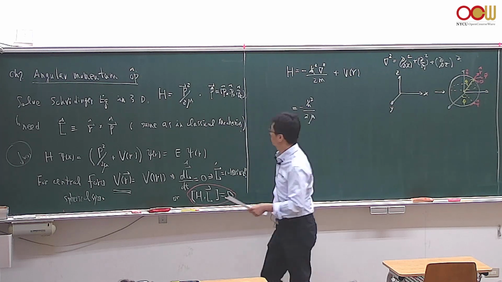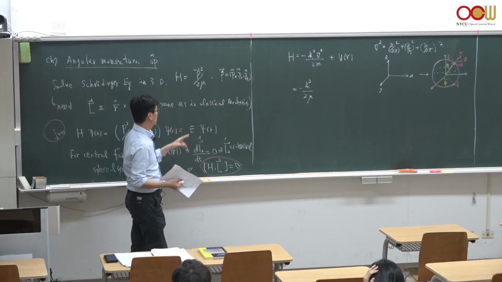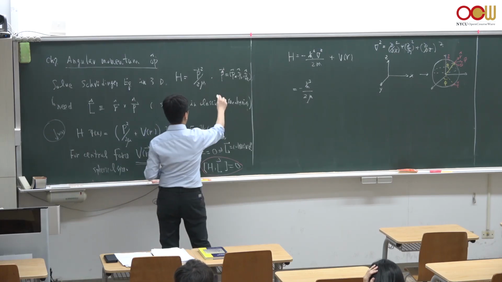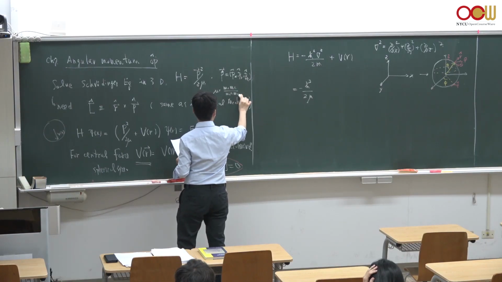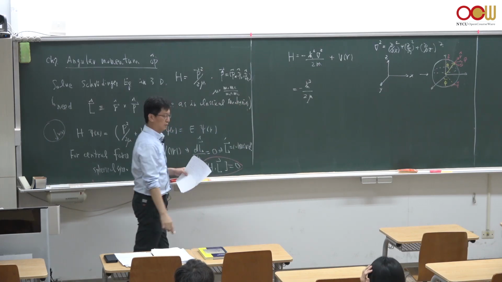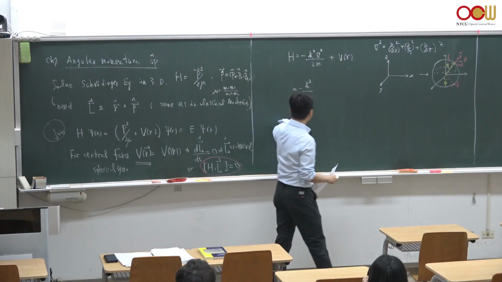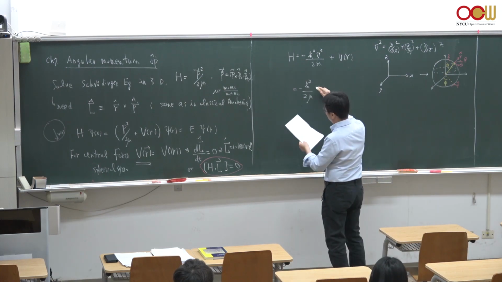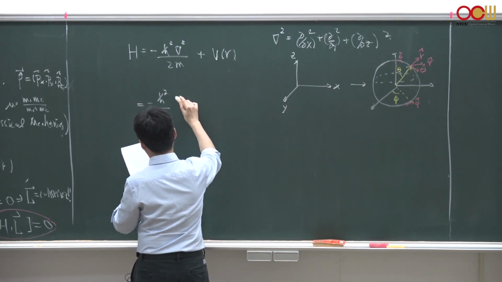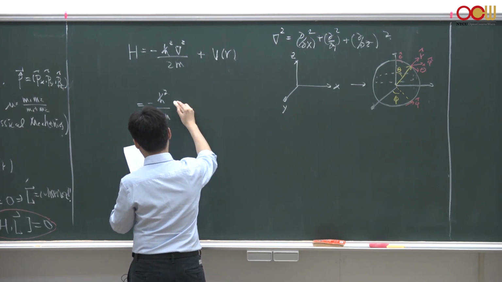Here, mu is a reduced mass if we consider a 2-body problem. So this mu is actually m1 m2 divided by m1 plus m2, if we consider a 2-body problem. Anyway, just consider mu as some mass, or effective mass. And this is the gradient square in the spherical coordinate representation.